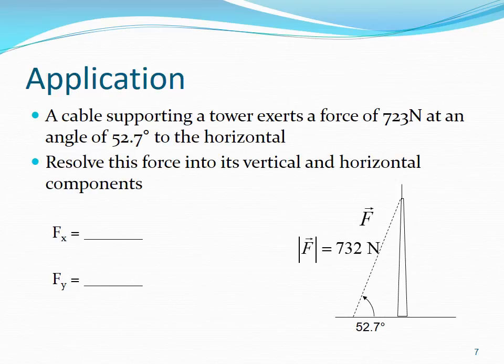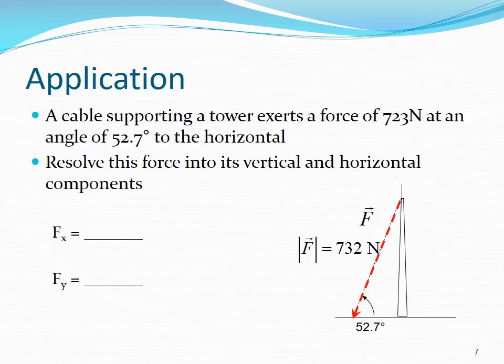We have to be very careful with this angle. The angle is given as 52.7 degrees with respect to the horizontal, but we have to think of the direction of the pull. Using an angle of 52.7 degrees actually would be pulling up, which doesn't make sense. We have to be pulling down and to the left. The arrow indicates the direction of the pull, that is the direction of the vector.